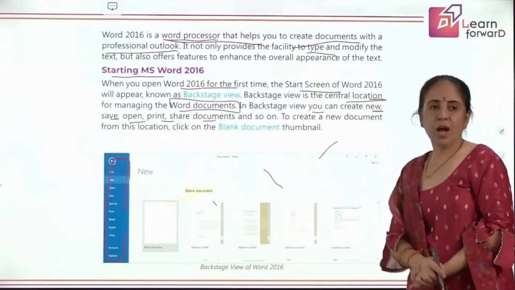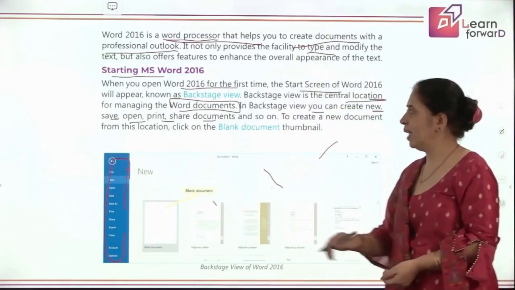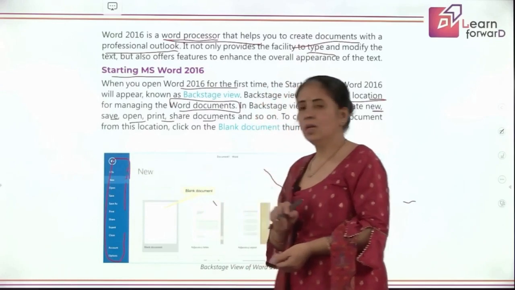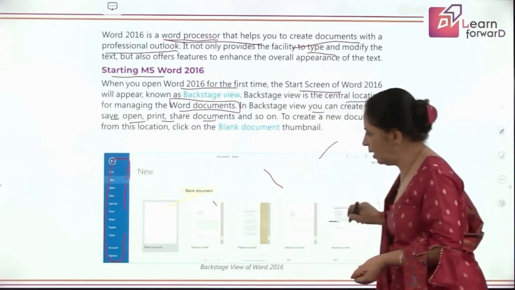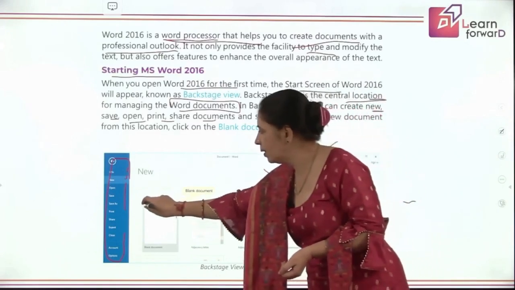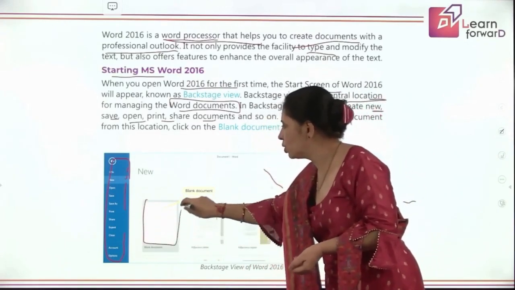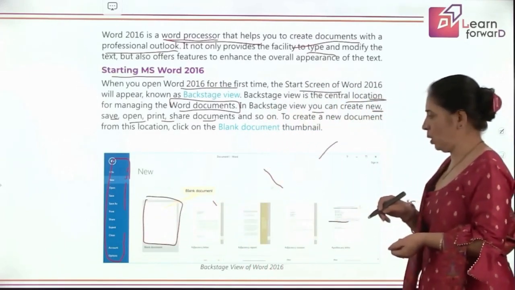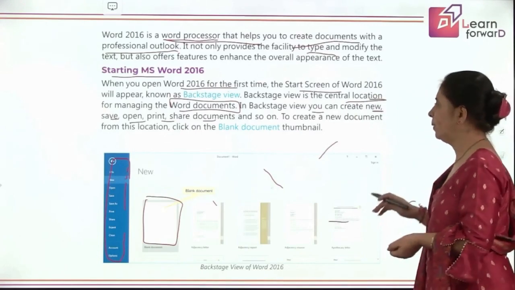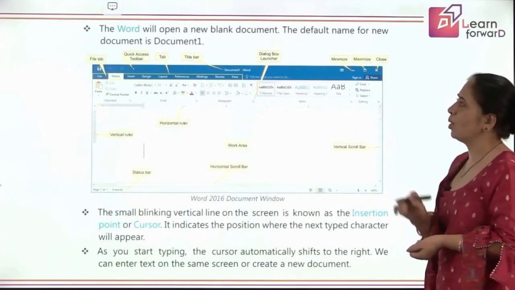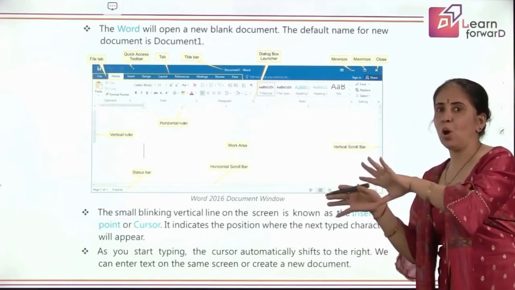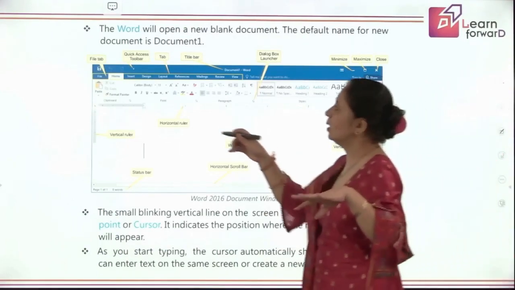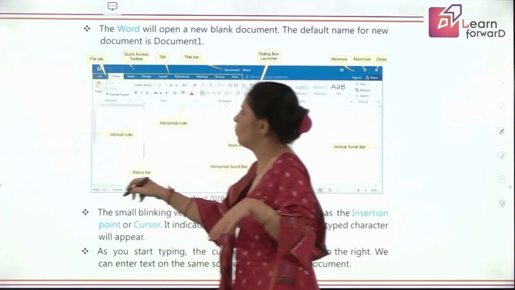Now what we are going to do is we have clicked on New. When you click on New, this entire screen is visible, and then you have an option of clicking on the blank document. That means you are going to start your work with a blank document. Once you click on the blank document, you will see this particular window pop up.